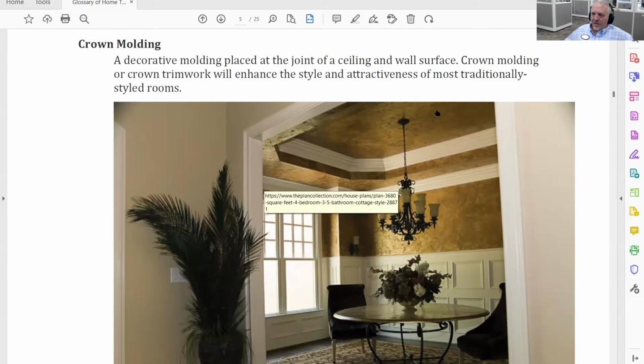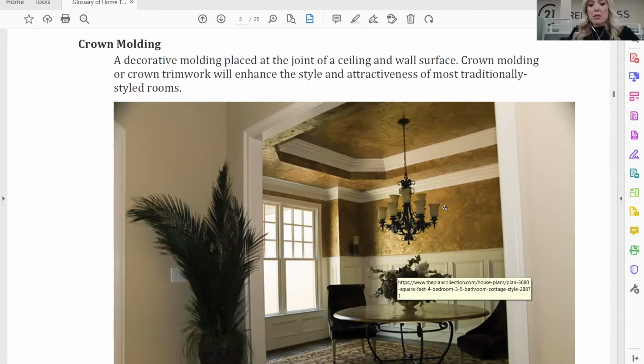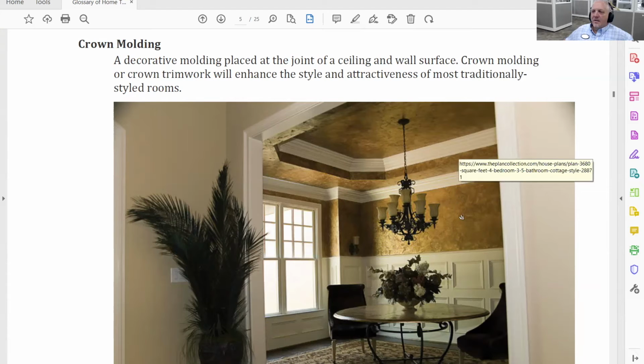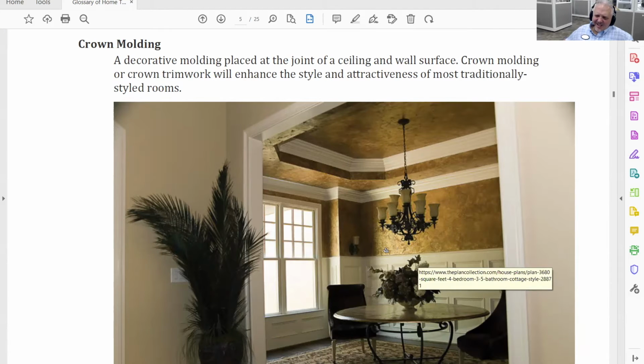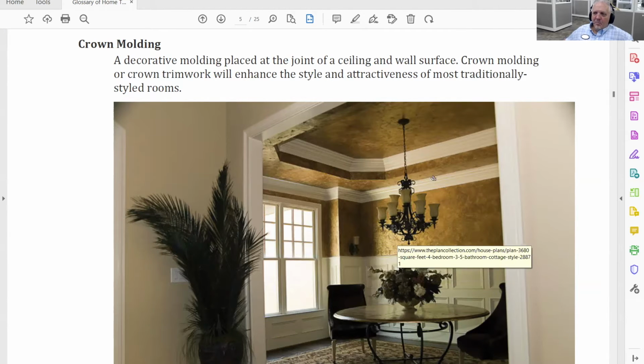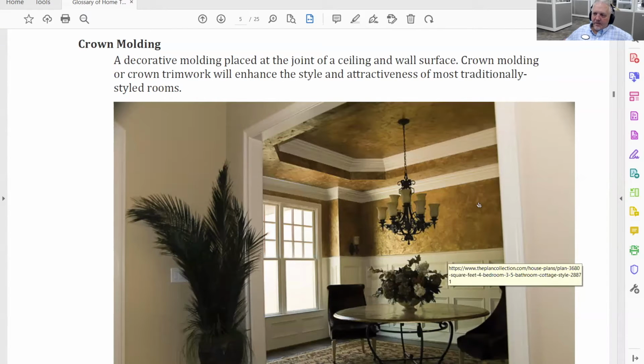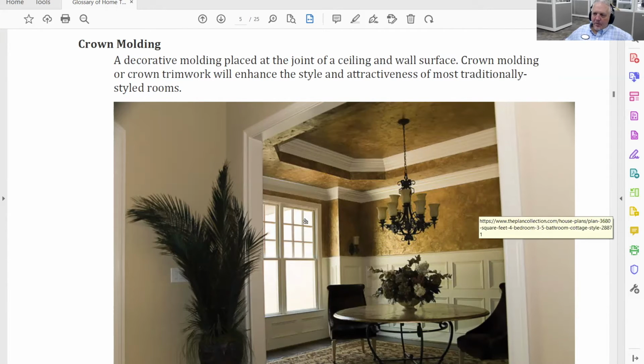What do you call this element up here above the dining room? Tray ceiling. Tray ceiling is correct. Could also be a recessed ceiling, but tray ceiling is perfectly acceptable terminology. By the way, this is a sash type window as opposed to a casement window.